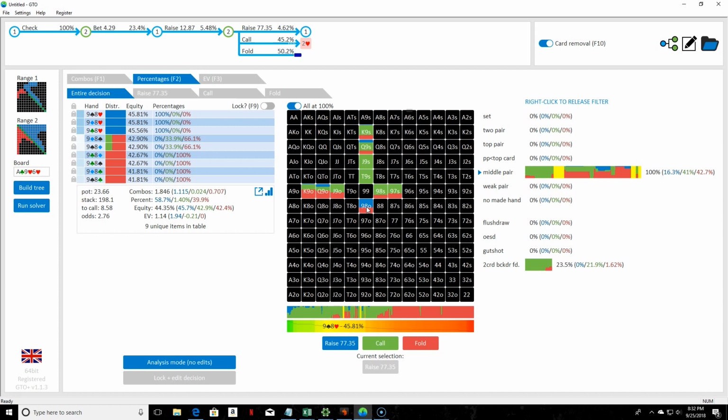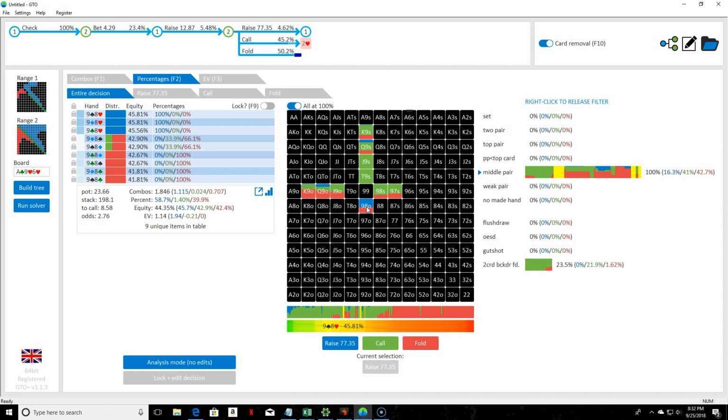Why do we think that is? That I'm not entirely sure on why it is. If you know the answer to that, please post in the comments below. But I'm not really sure why 9-8 off would be a shove here. I think that's interesting. Trying to think about this. Let's see.